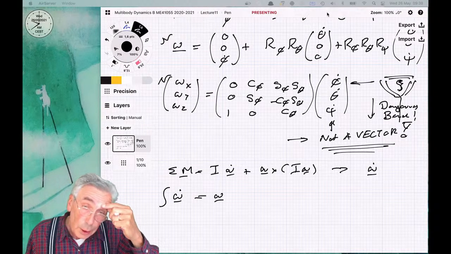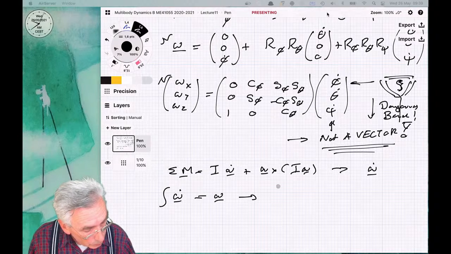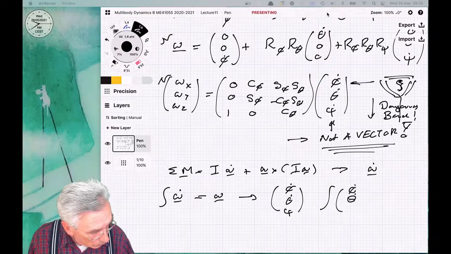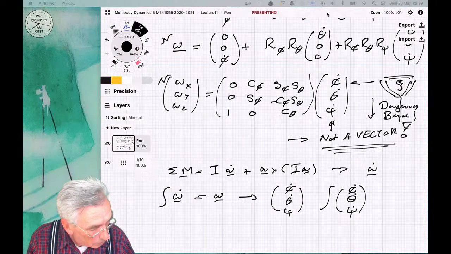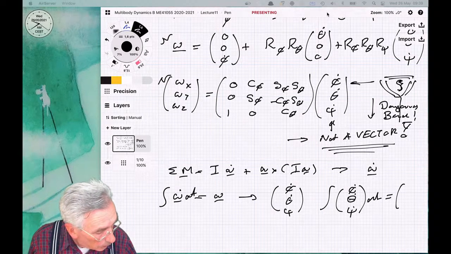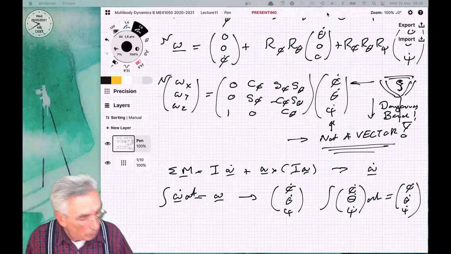But then the last step is, of course, from these omegas, I want to have my phi dot, theta dot, psi dot, which I then integrate with time, of course. And then I get my new angles. So that is the whole game we are playing.